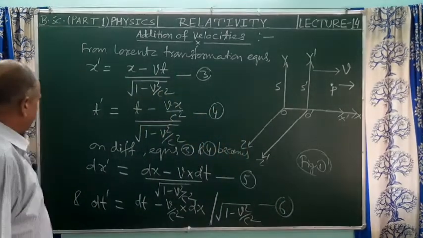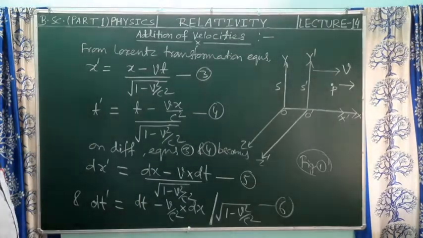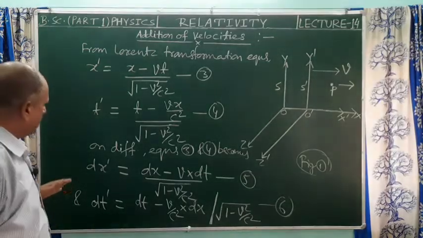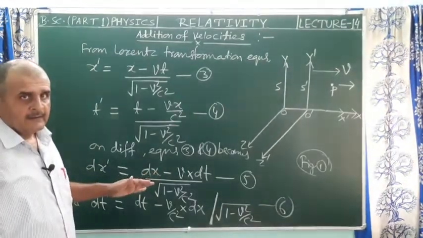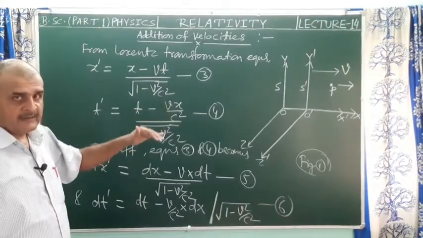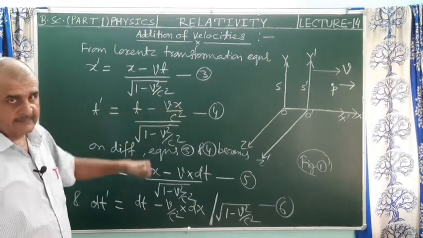Now we have obtained dx dash and dt dash. So now we can find the velocity of the body as measured by the observer in frame S, and also by the observer in frame S dash.